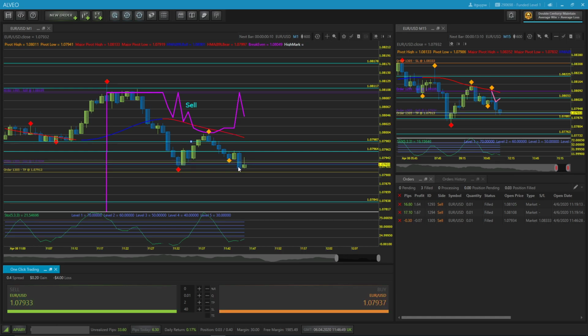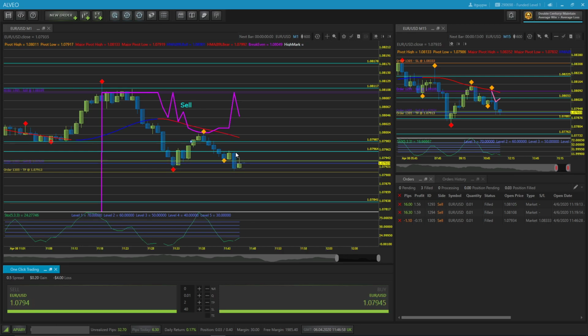So when you're scalping these pips out of the market, 2 or 3 at a time, you want your take profits to be in the most likely position that it's going to come down to.